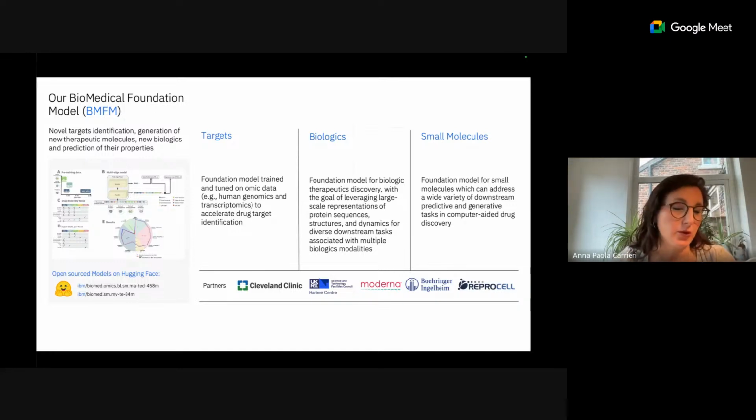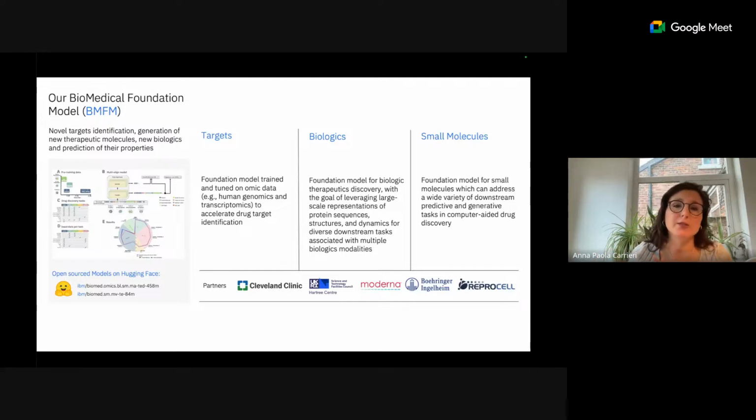You can find our open source biomedical foundation model on Hugging Face, and I will go a little bit more into the detail of it. You can see it's composed of three main elements. One is target, which is all around omics data, analyzing omics data to make predictions and find, for example, drug targets.